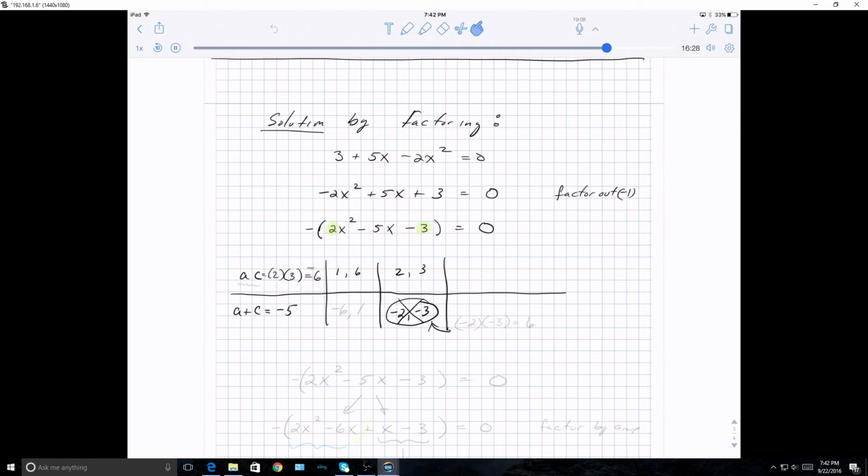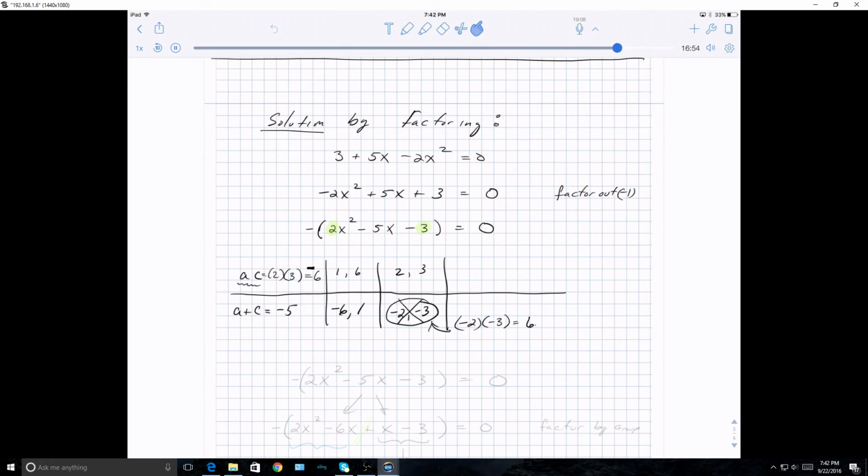Because when we multiply a negative 2 times the negative 3, we're going to get the positive 6. And ideally, remember, that product AC is really negative, okay? But I told you not to really pay attention to it until this point. Now it's very easy to see that we can use a negative 6 and a positive 1.